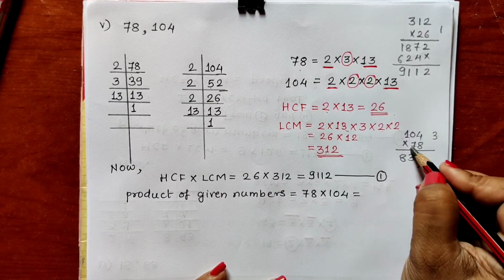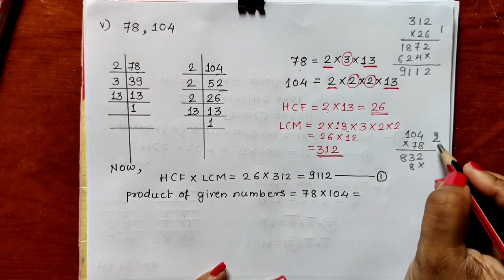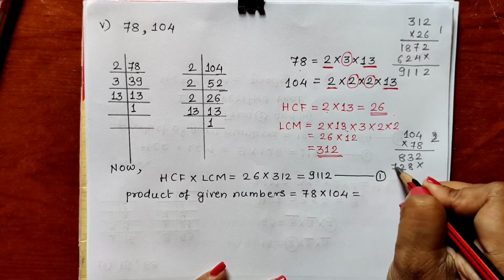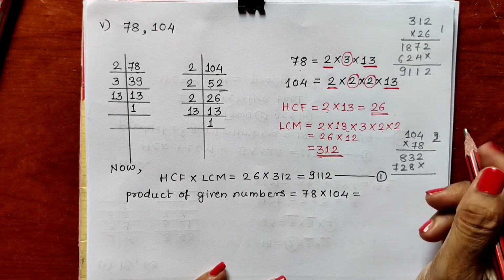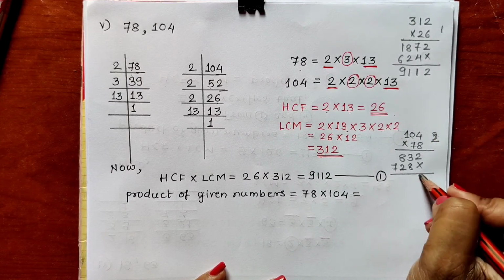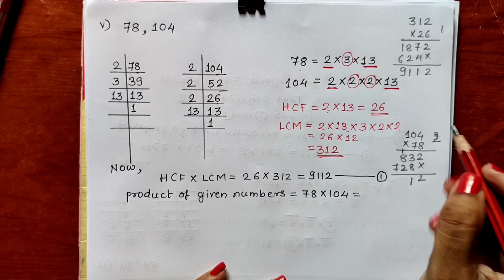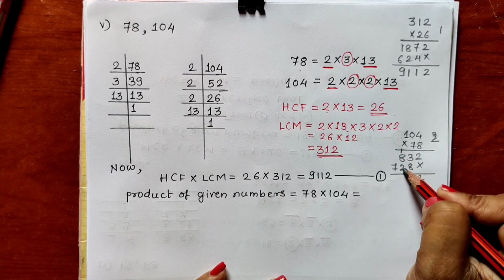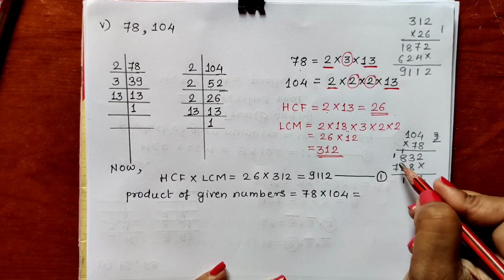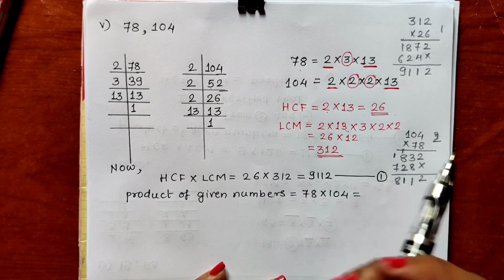Now multiply by 7. 7 4s are 28, 8 written, 2 carrying, 7 zeros are 0 plus 2 is 2, 7 1s are 7. This 2 as it is we have to write, 3 plus 8 is 11, 1 we have to write here, 8 plus 2 is 10 plus 1 is 11, again 1 is carried forward, 7 plus 1 is 8, we are getting 8112.